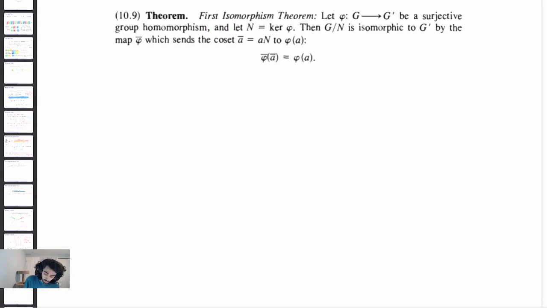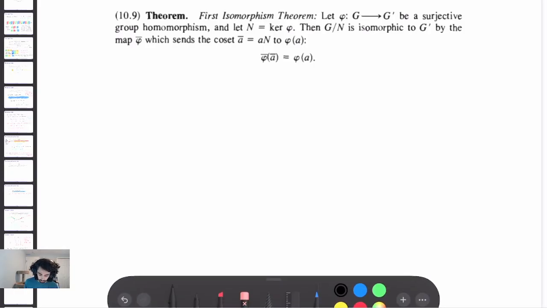So you hand me any surjective homomorphism at all, and I sit there and compute the kernel of that. So you handed me this, I went in there and I computed the kernel.